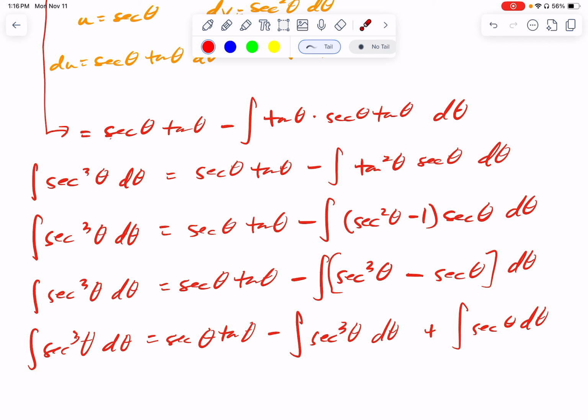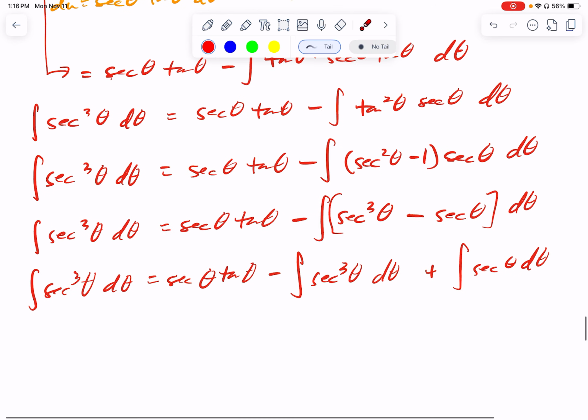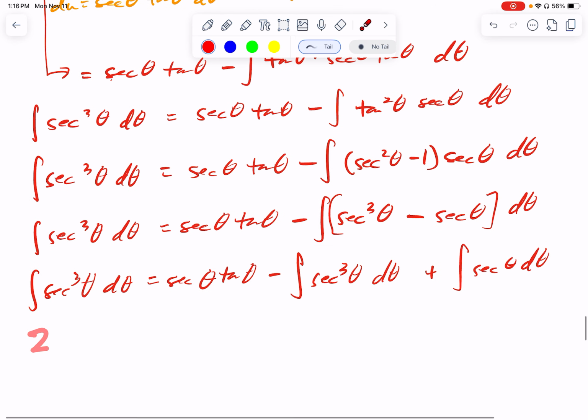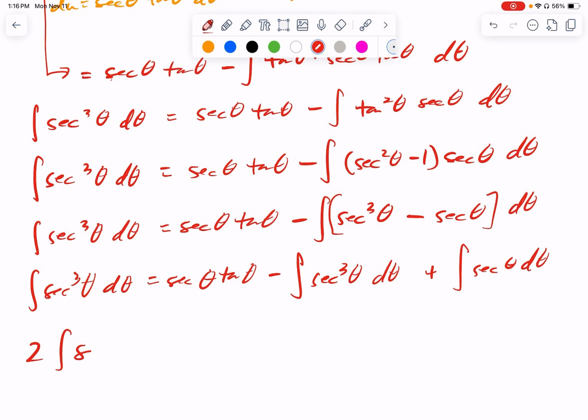It may feel like our integration by parts has failed, but actually we can group the like terms. They're not canceling. In fact, we can move one to the other side. So we would have 2 copies of the integral of secant cubed theta d theta equals secant theta tan theta plus the integral of secant theta, which we covered before.